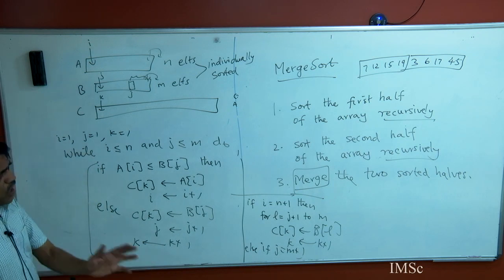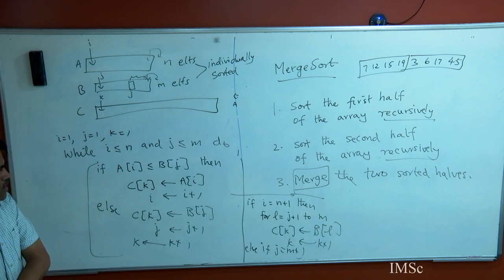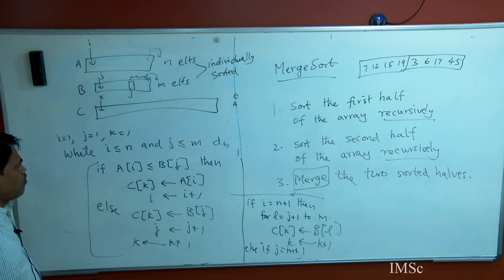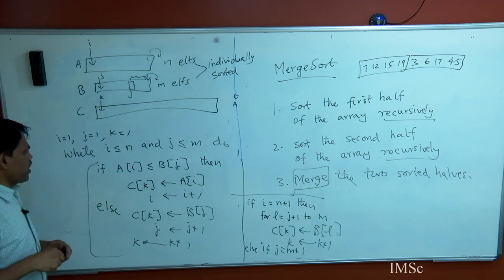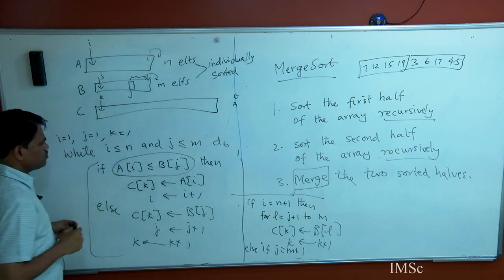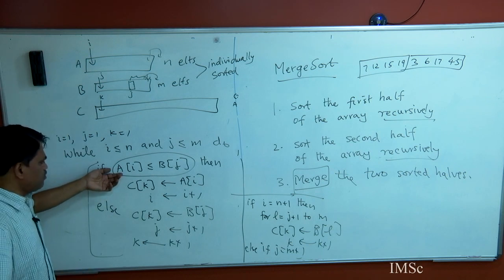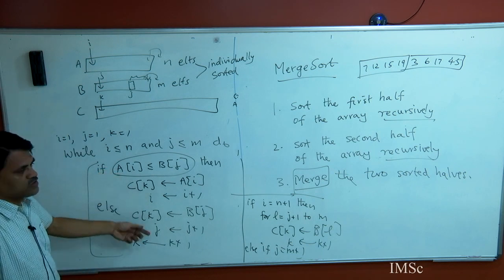Now for now again let's count only the number of comparisons. So how many comparisons does this algorithm perform? So this is one comparison, right? m plus n is the bound. Yes, so in the worst case, after every comparison, either i or j moves.